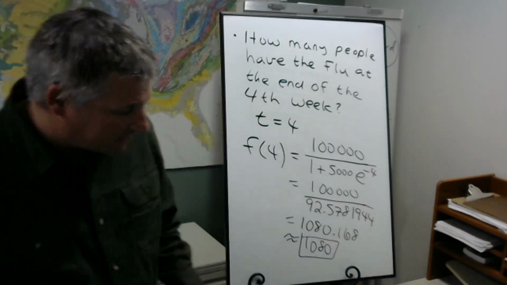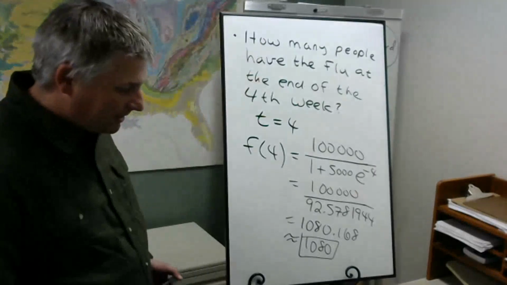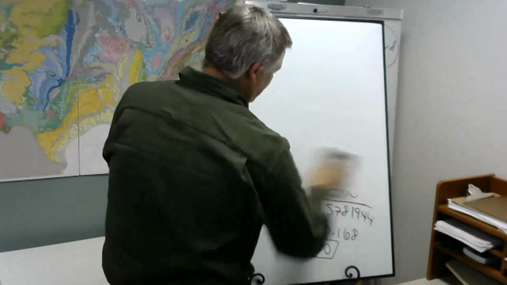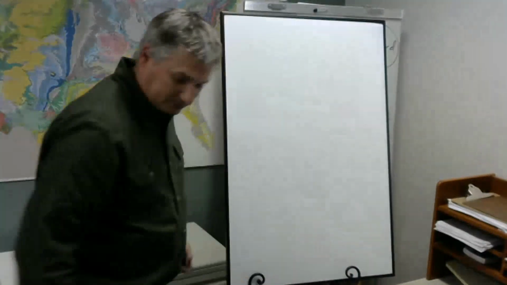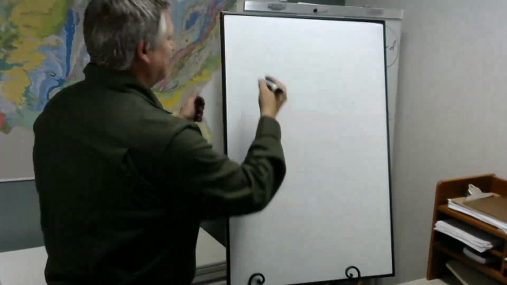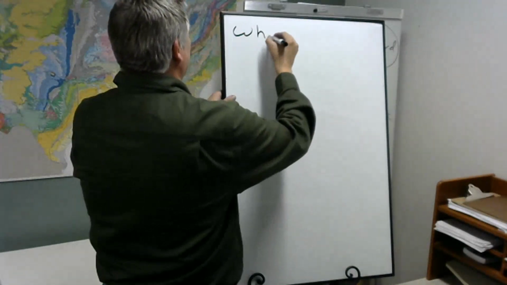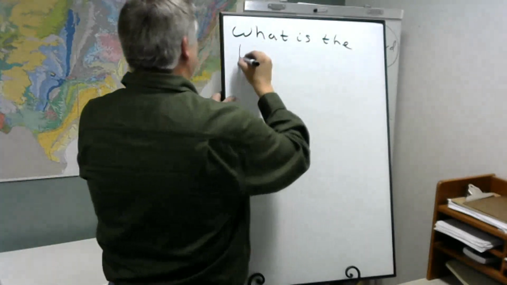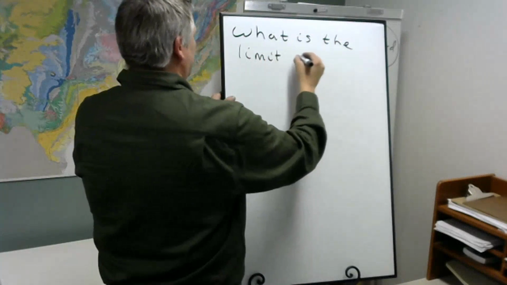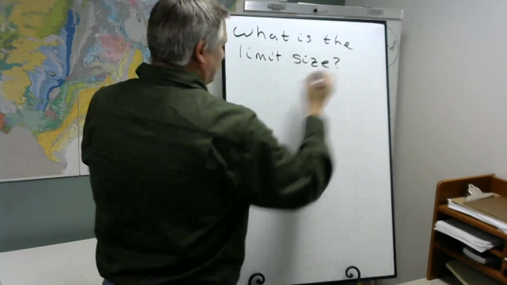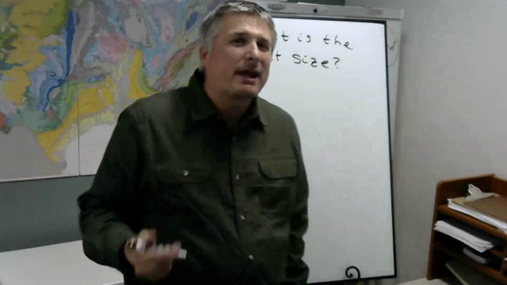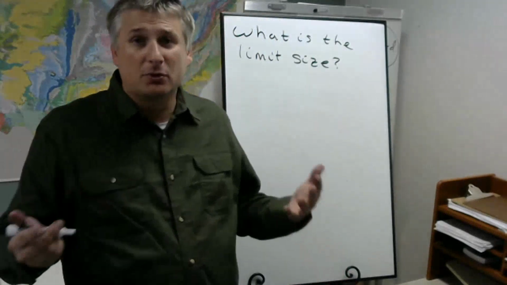So one of the things they're going to ask with this is the limit size. Now the limit size is what happens as t goes to infinity.